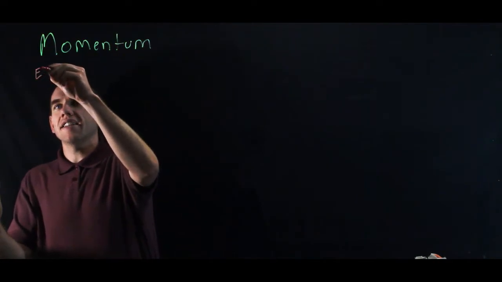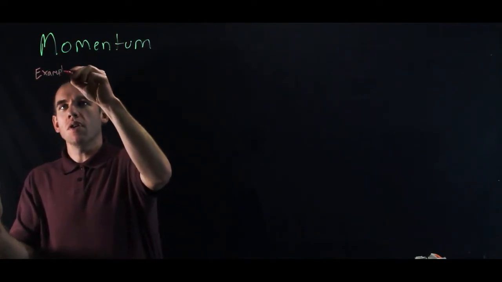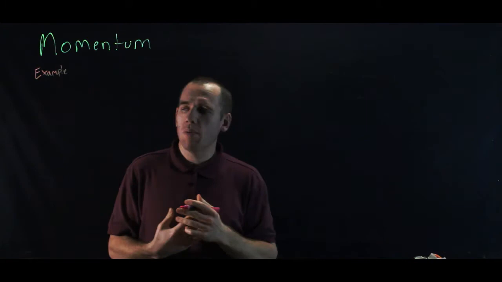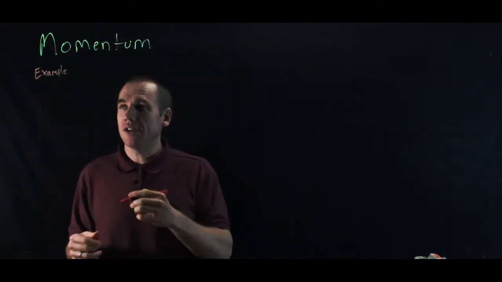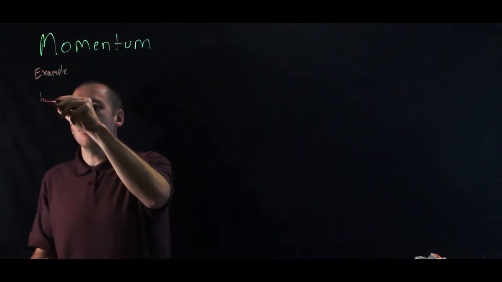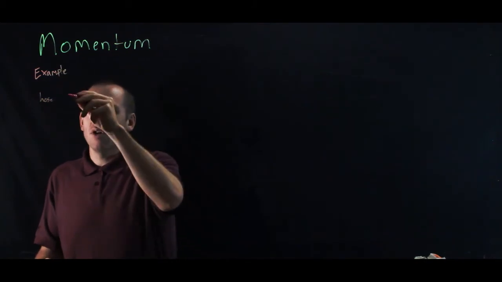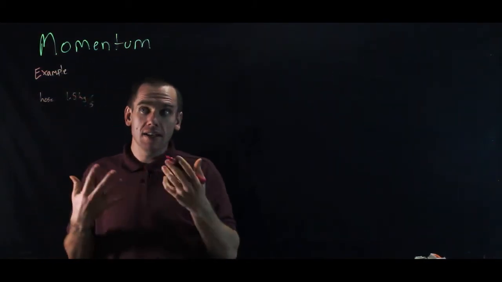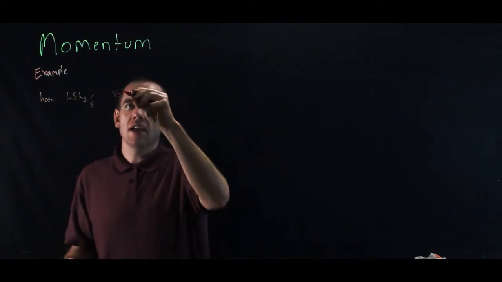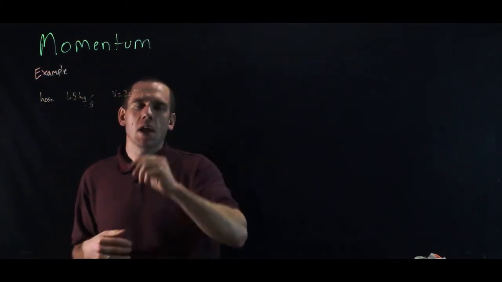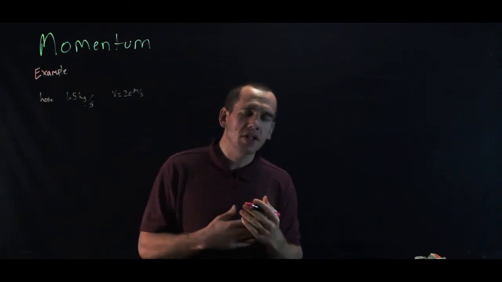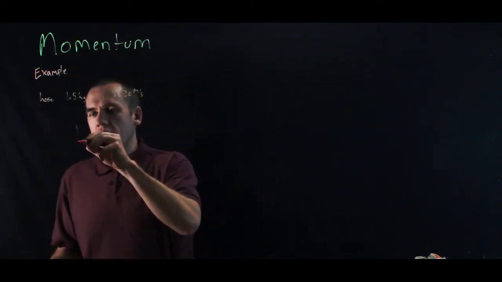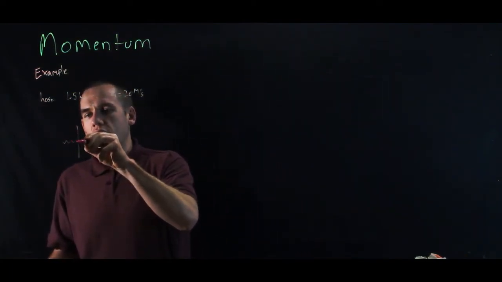So let's look at an example problem where we want to find the force, and we're going to use change in momentum to do that. So consider washing a car, and say the hose can spray out 1.5 kilograms of water each second. And it's moving with a velocity of, say, 20 meters per second. I want to know how much force does that water put on the car if, when the water hits the car, it stops.